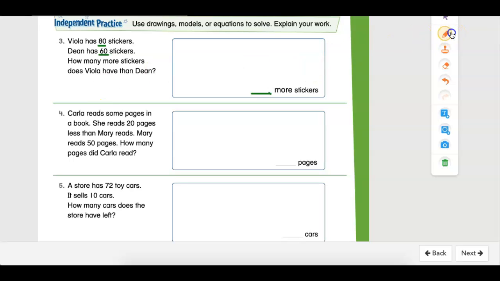For number 4, it says Carla reads some pages in a book. She reads 20 pages less than Mary reads. Mary reads 50 pages. How many pages did Carla read?